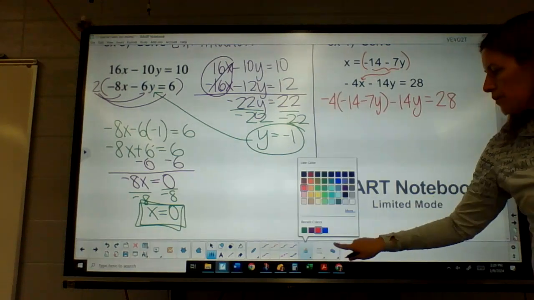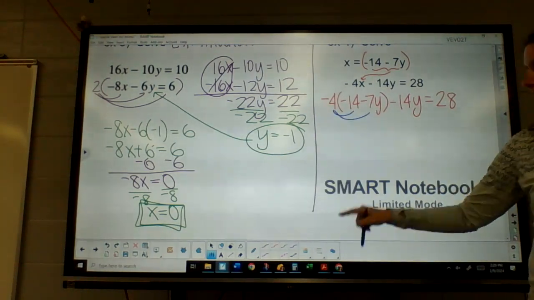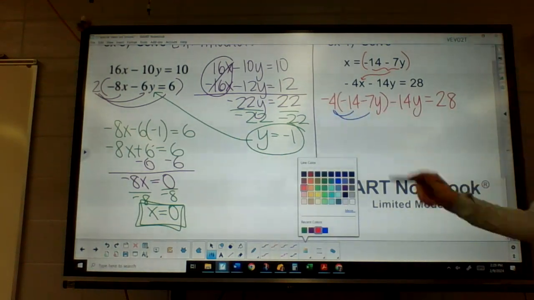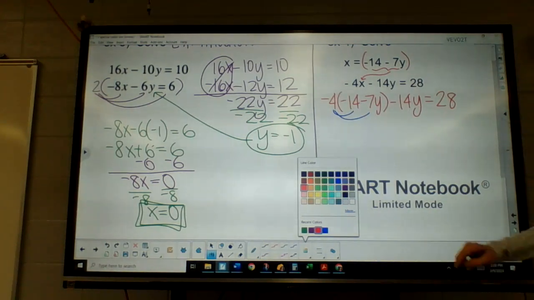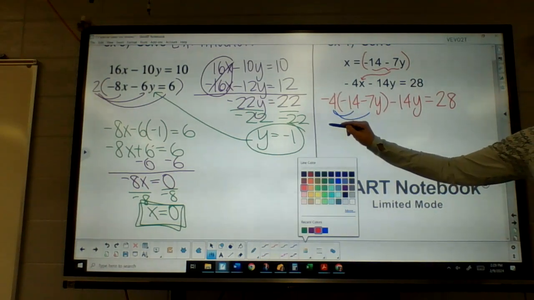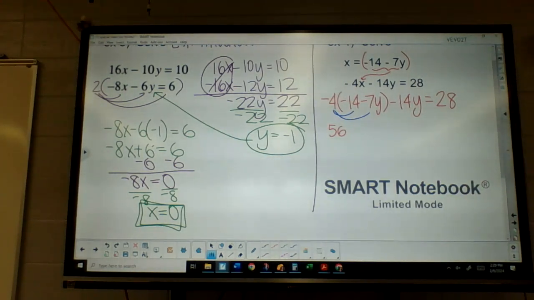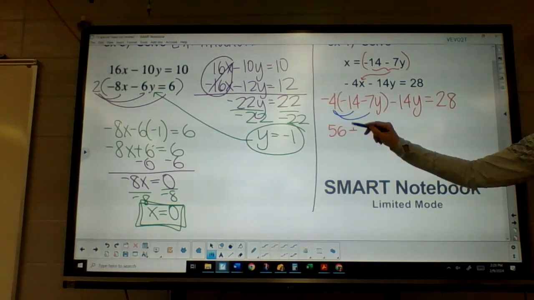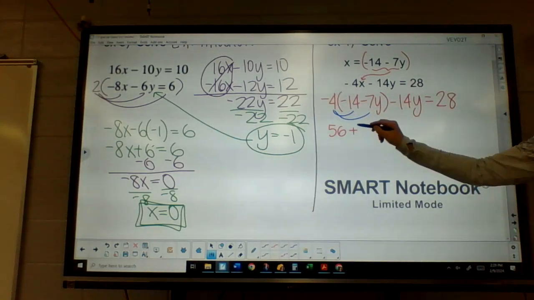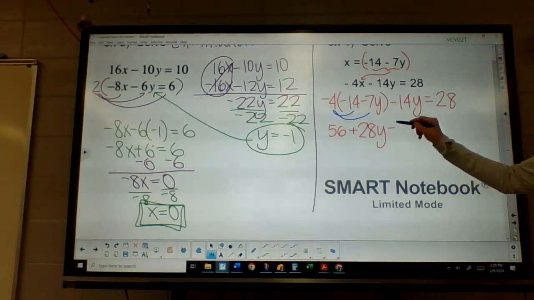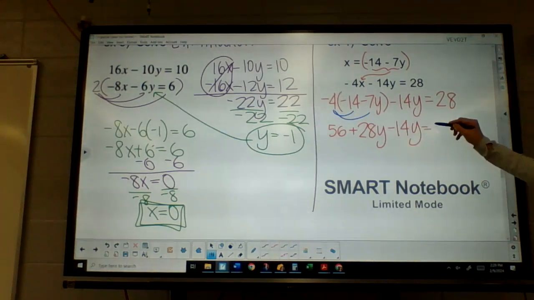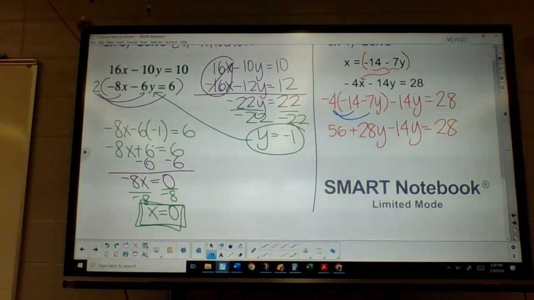So, ready to distribute? 4 times 14, 56. Anyone? Yeah? Okay. 4 times 7, they're both negatives, can become a positive 28. Now I'm going to put those y's together.